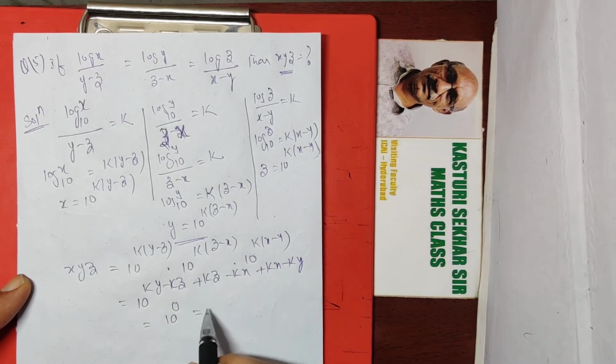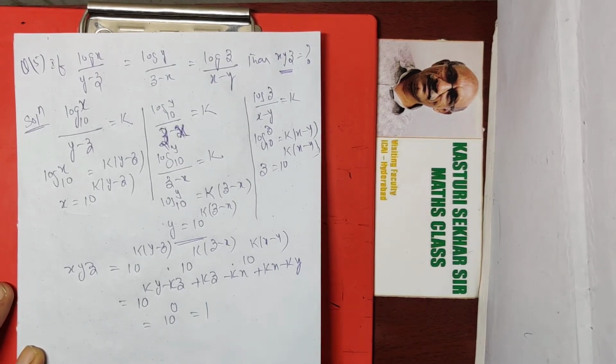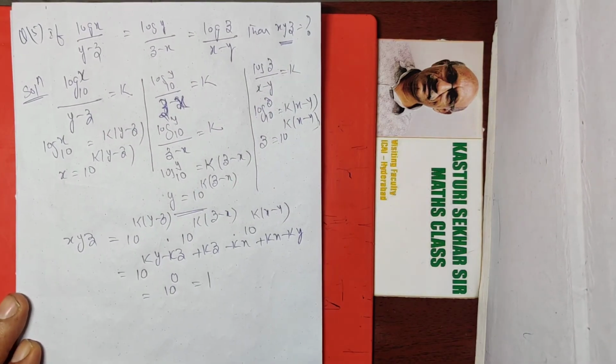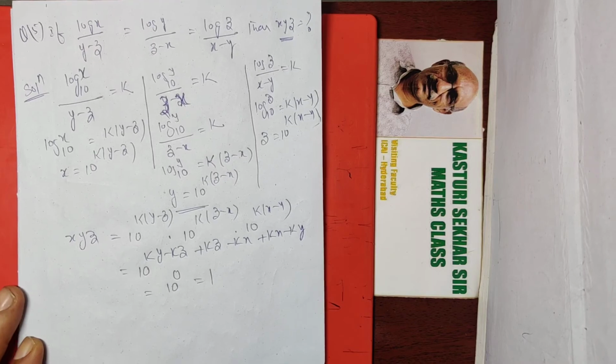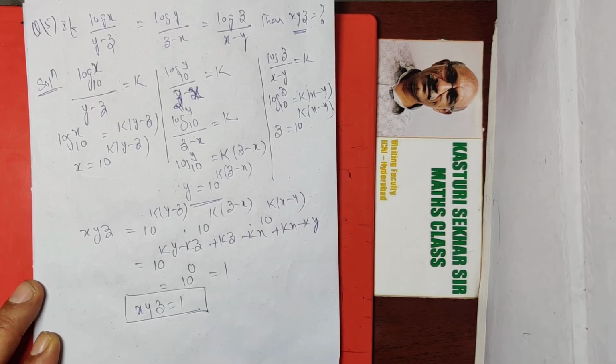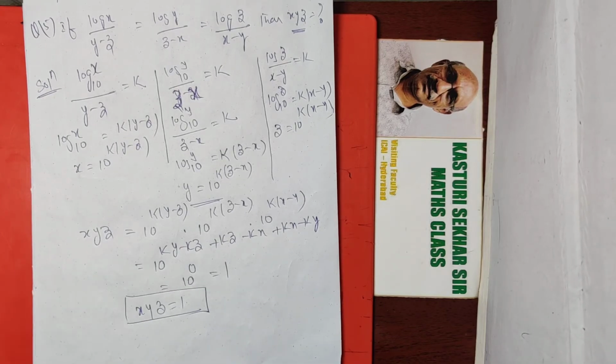All these terms get cancelled with each other, leaving 10 to the power of 0, which is equal to 1. So, xyz is equal to 1 is the answer.